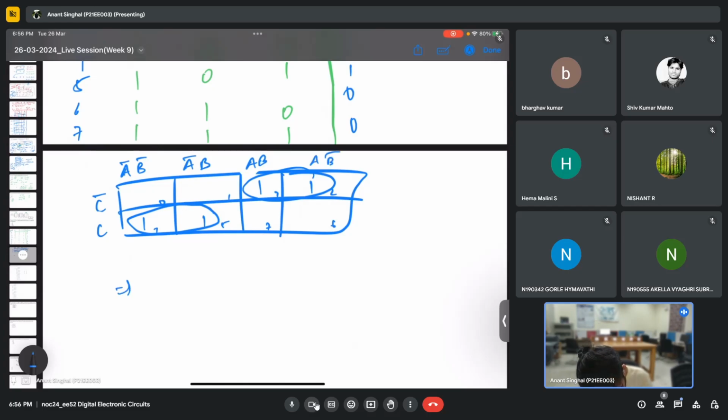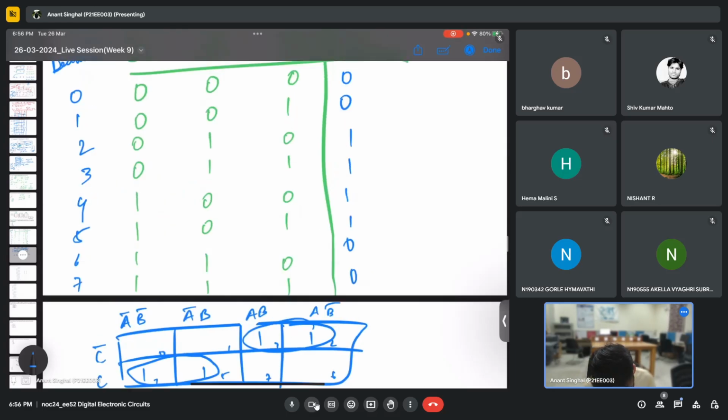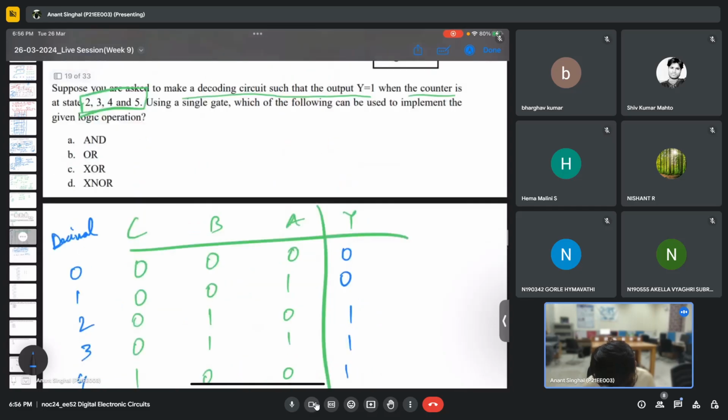The answer will be here. C will be common. A bar C plus C bar A, which is A XOR C. Yeah, so A XOR C.